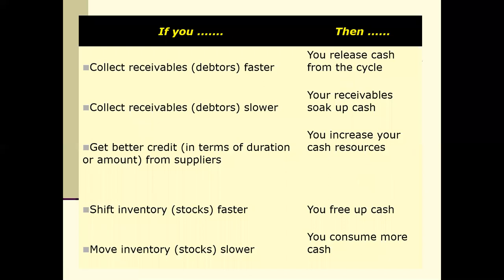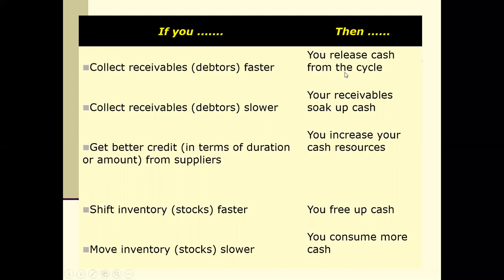These are the concepts that may be taken and they affect your cash flow, like collecting receivable faster. If you are collecting receivable much faster compared to the previous time, it means that you are releasing cash from the cycle.